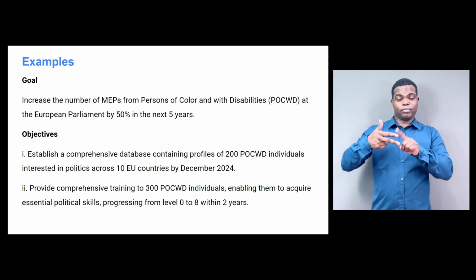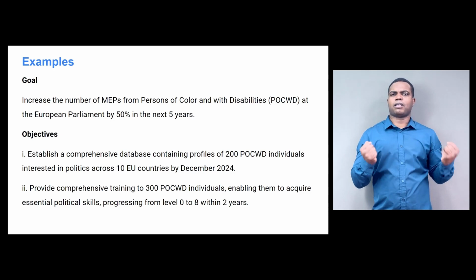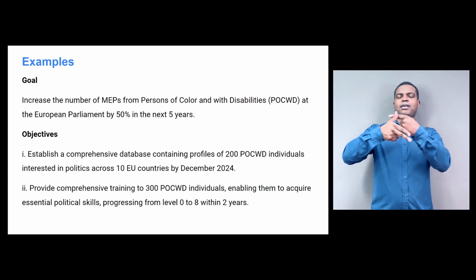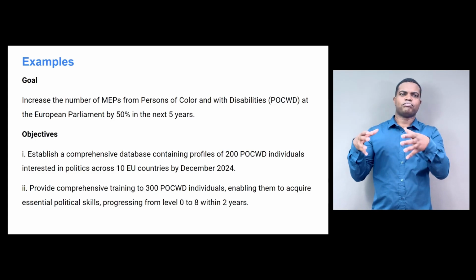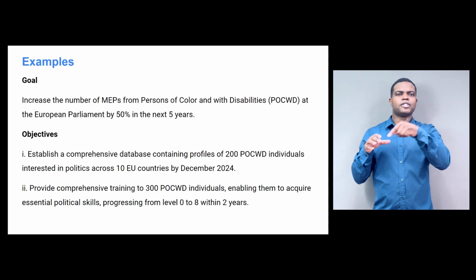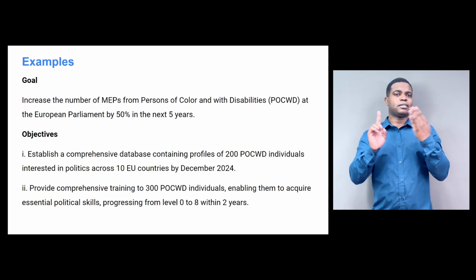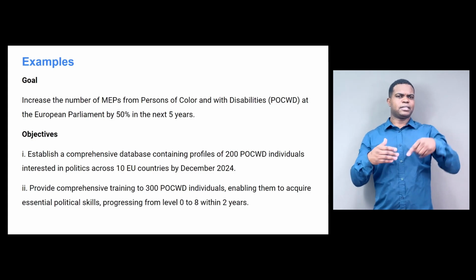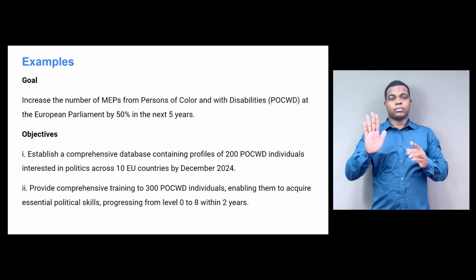So these objectives look like good actionable steps to achieve the overall goal of increasing the number of MEPs that are persons of color with disability. Analyzing these objectives, you would see that they are SMART objectives because they are specific.